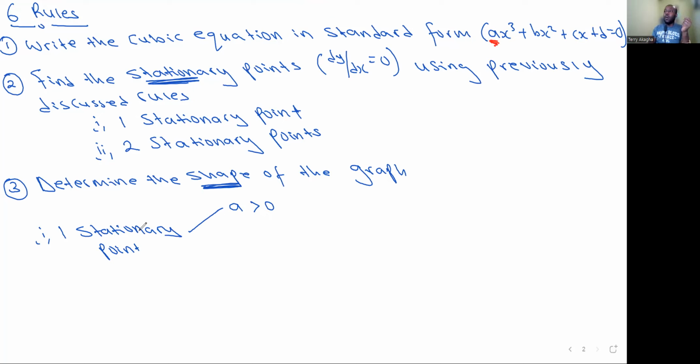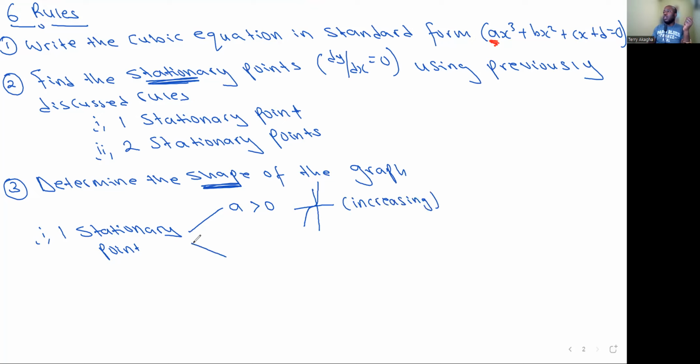So when you solved and got one stationary point, you go and check the A. If the A is greater than 0, that means you're going to have an increasing function. So the graph is going to look like this. Can you see? It's an increasing function.